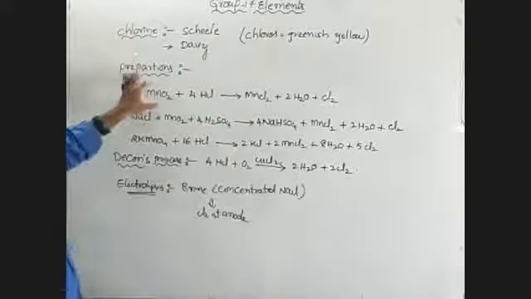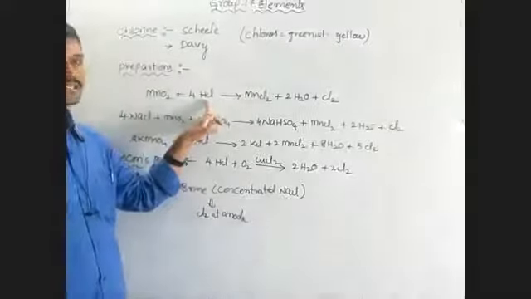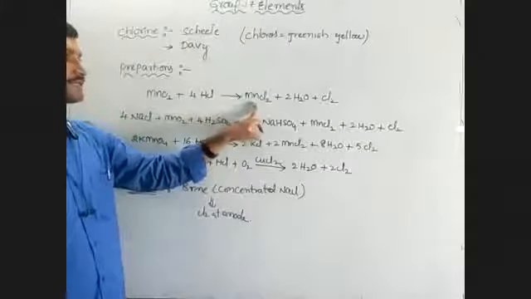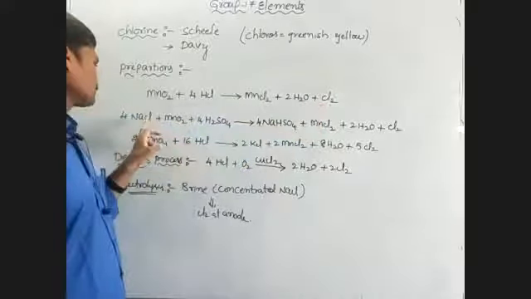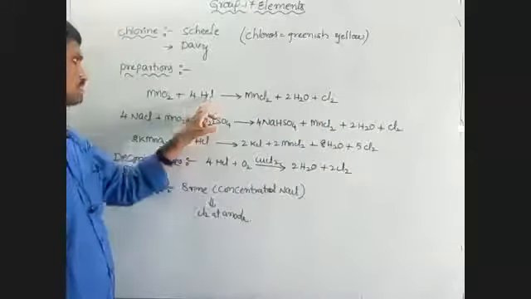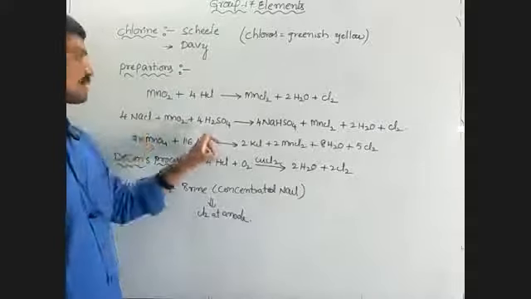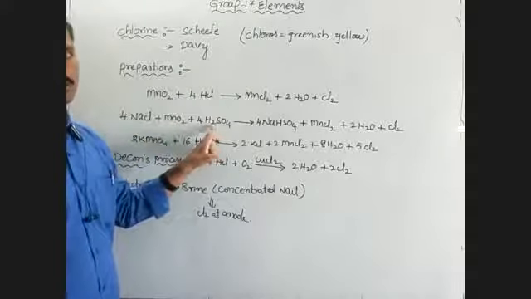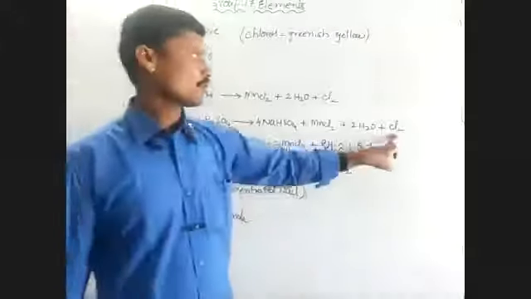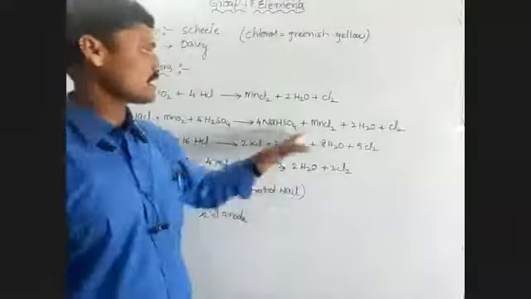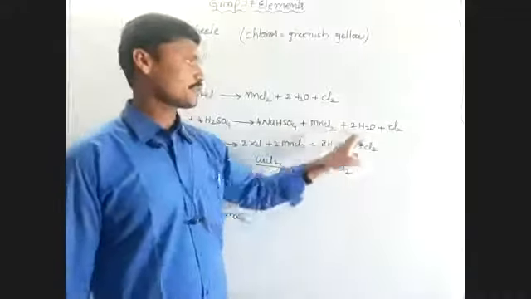First, manganese dioxide combined with HCl forms manganese chloride, water and chlorine. Next, instead of HCl, a mixture of NaCl and sulfuric acid combined with manganese dioxide forms chlorine, with byproducts sodium hydrogen sulfate, manganese chloride and water.